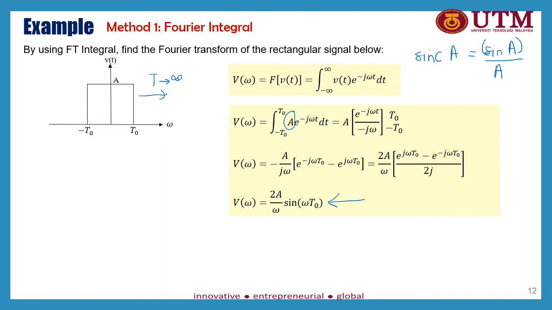In this case, you have 2A over omega, then you have sin(omega t0). To get this into a sinc function, it must be divided by whatever is in the bracket, so omega t0. When you introduce the additional function, you need to multiply here with omega t0. Okay, so you can simplify the equation.